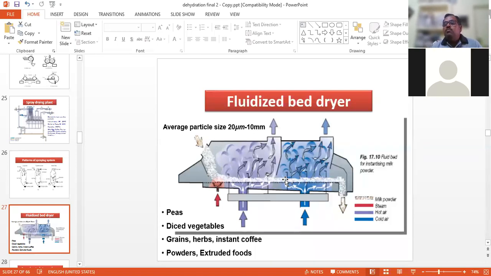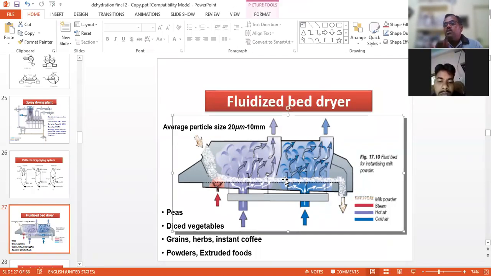The grain vibrates, exposed to the atmosphere, and after some time it becomes dry. You can see a milk powder and steam. This is the steam, and hot air, and cold air.